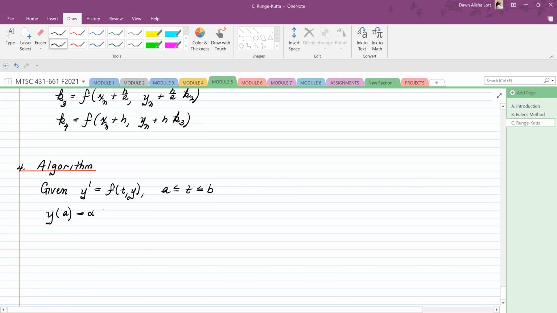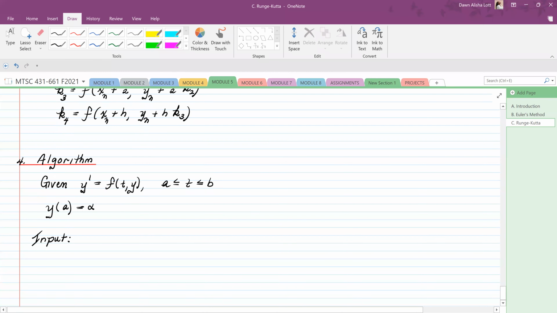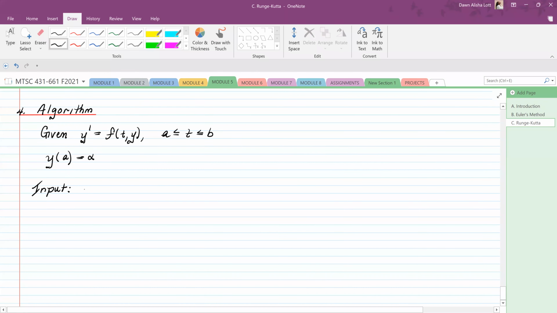Now you need to input your endpoints a and b, and an integer n, which is how many iterations you're going to do, and your initial condition.